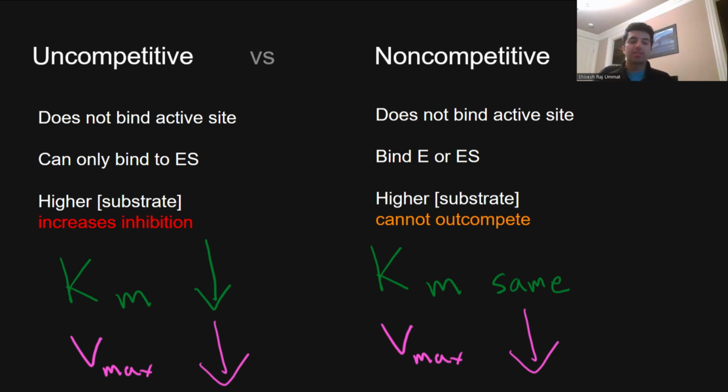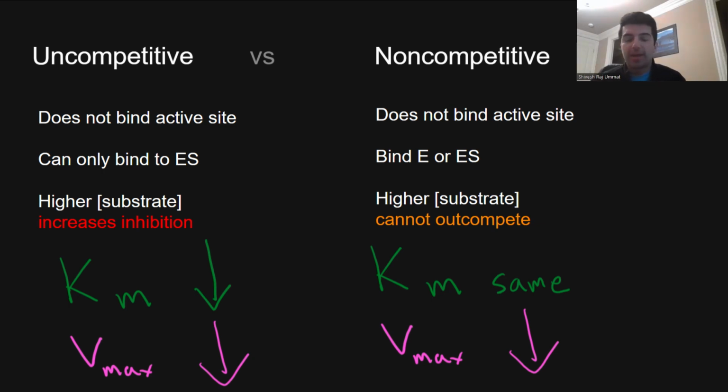Interestingly, in the uncompetitive case, when we increase the substrate concentration, there's more ES, because more of the enzyme will be bound, and therefore there are more inhibitors that can bind to ES. So it actually increases the inhibition. The effect this has is reducing both the Km and the Vmax.